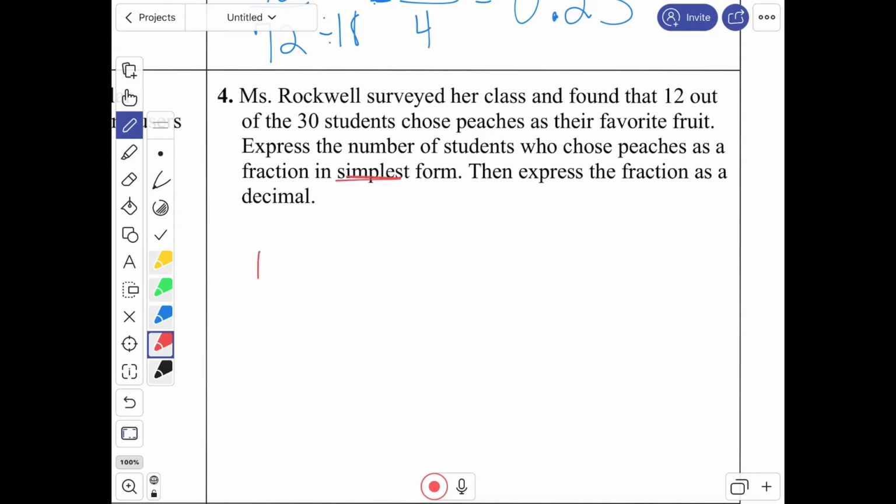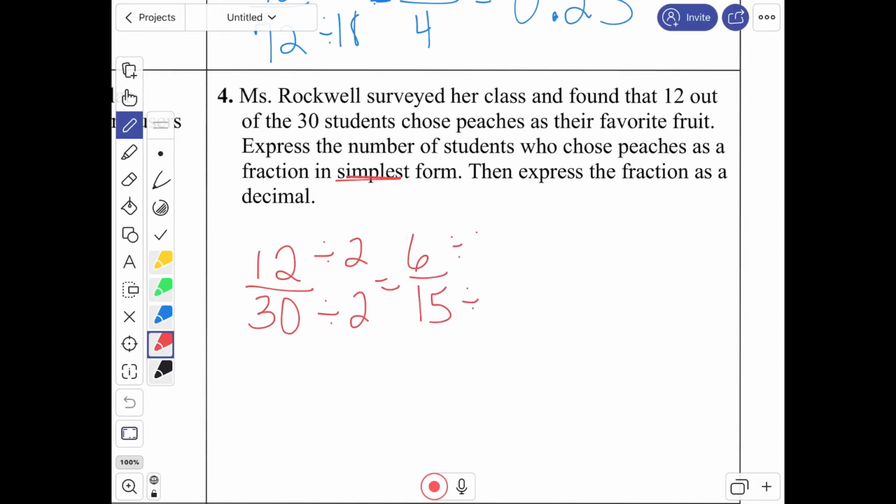So those who chose peaches were 12 out of 30. What could we divide 12 and 30 by? Again, you can at least do 2 because you know they're both even. And 12 divided by 2 makes 6, and 30 divided by 2 makes 15.